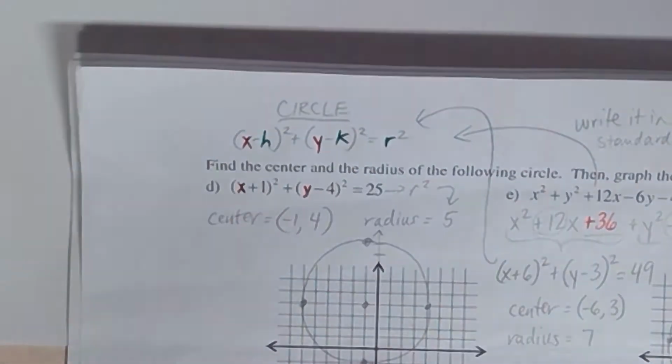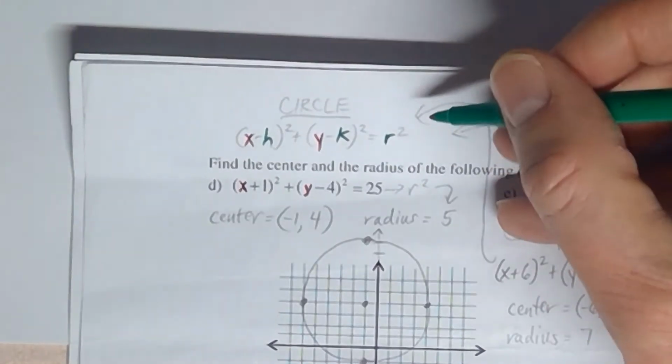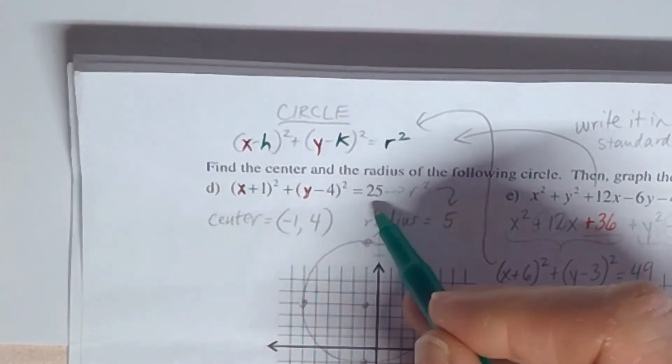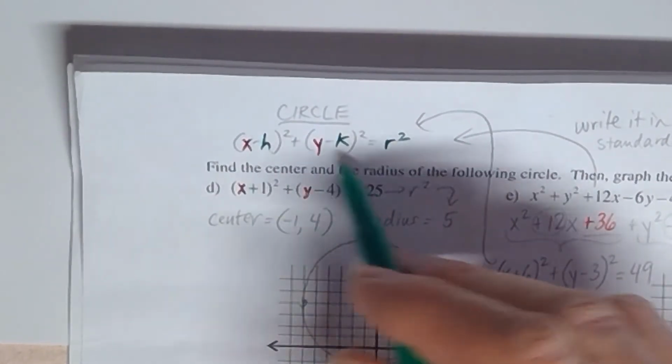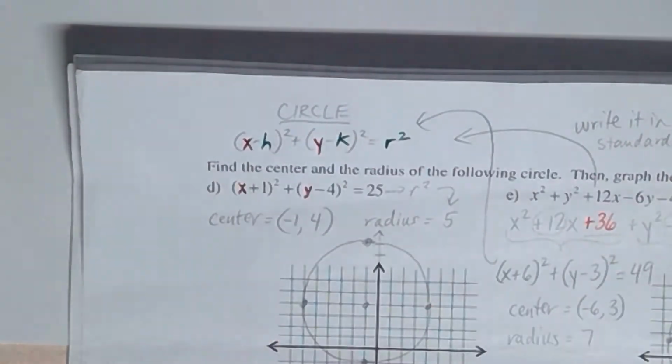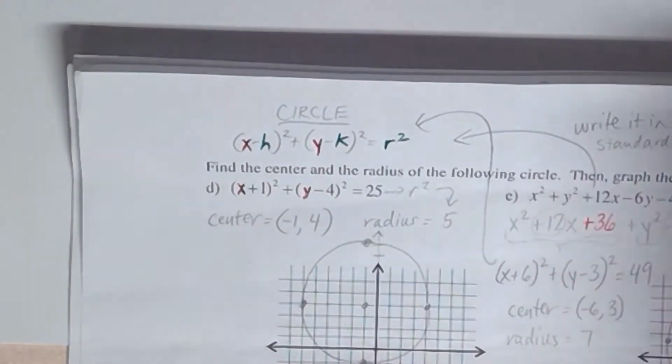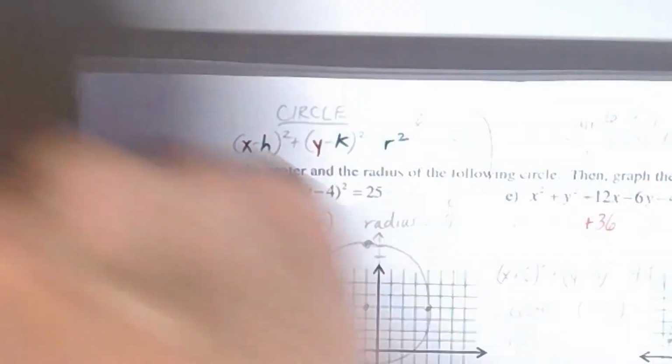All right, those are what? When it looks like this formula up here, that means it's going to be a circle. And they give it away anyway. They tell you that it's going to be a circle, but I'm just telling you for future reference.